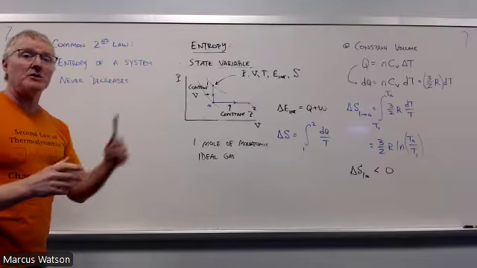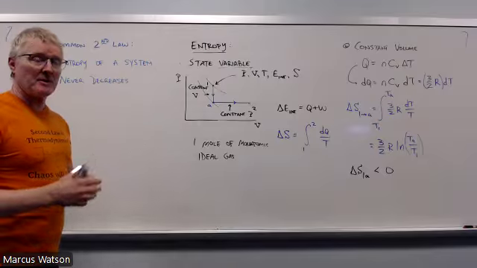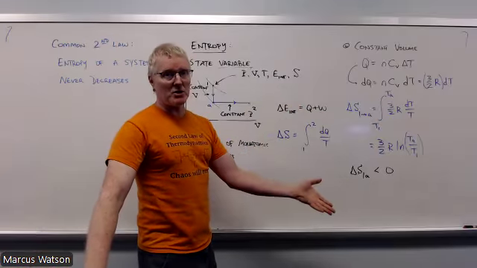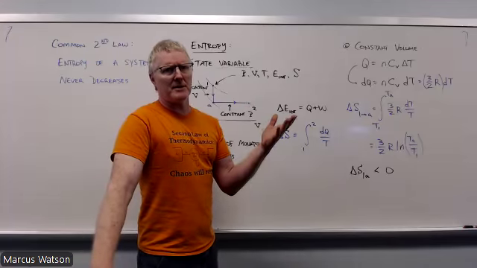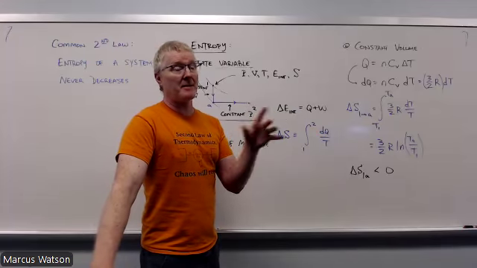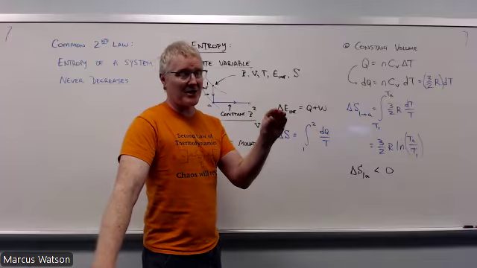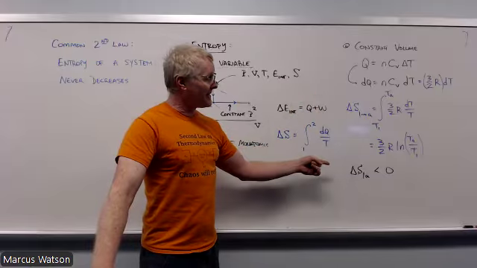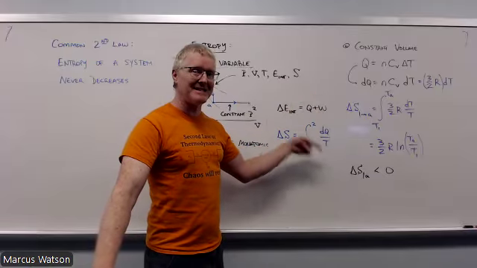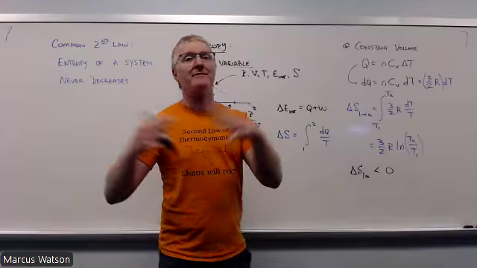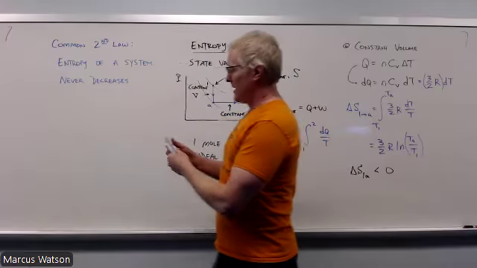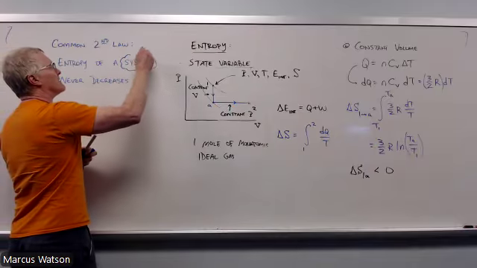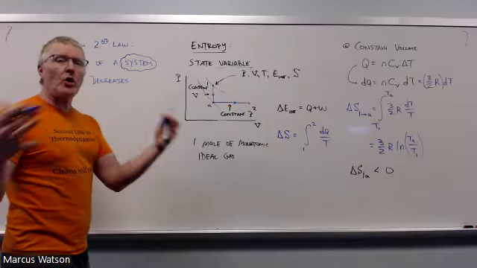But with that being said, you have to be careful about your system, okay? What I was saying about the energy is that the energy of a system can change. And you'd say, well, wait a minute, isn't energy supposed to be conserved? Yeah, but that means if you find that energy is not conserved, you haven't looked at a big enough picture. And the same thing goes here. If you find that the entropy decreases, then you haven't looked at a big enough picture, okay? So the idea of the system here has to include all interacting parts.